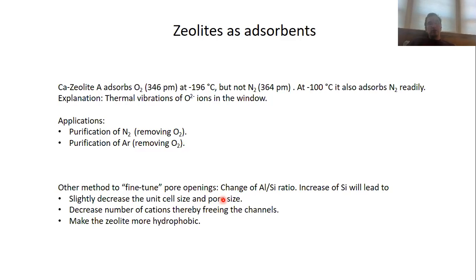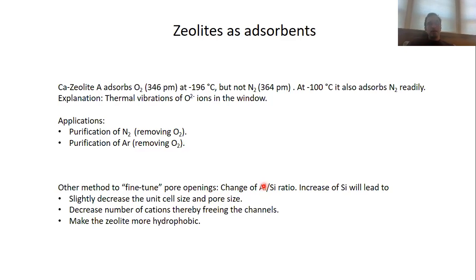In addition to that, of course, the aluminum content determines how many counter ions you need in the pores, and the number of counter ions in the pores determines how much free space you have left in the pores.